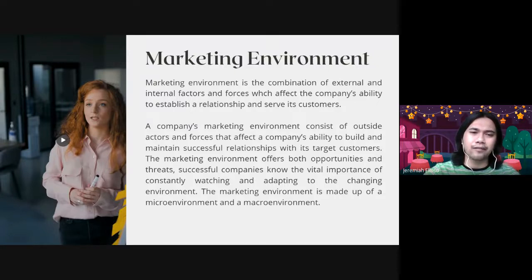So what is the difference? What is a macro environment and what is a micro environment? Any ideas? Any volunteer? Or should I just call, what's your idea about this, Miss Satokia?